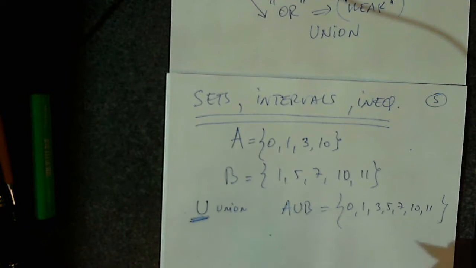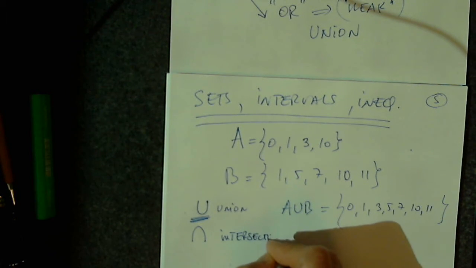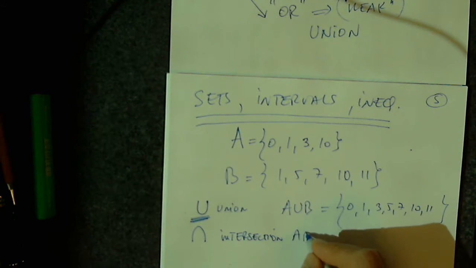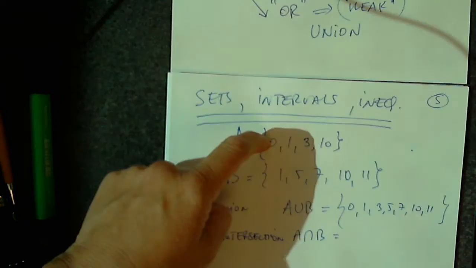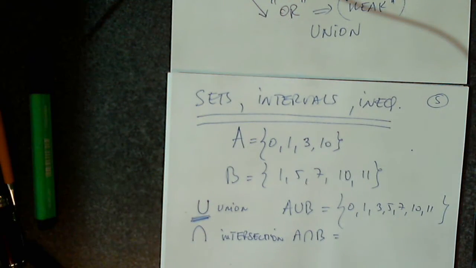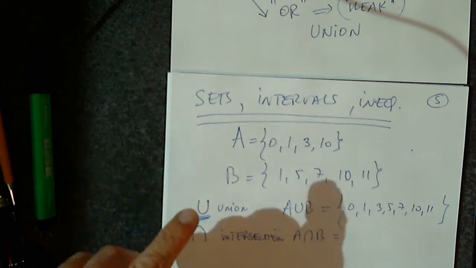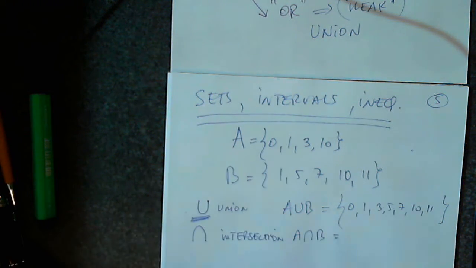Now the intersection has this symbol. The upside down cup. That is very strong. That says if it's here and here, then it should be in the intersection. The union, one more time, says if it's here or here, it's going to be in the union.